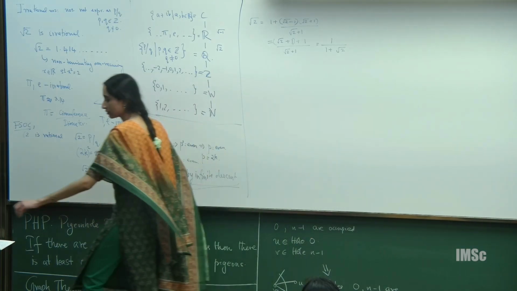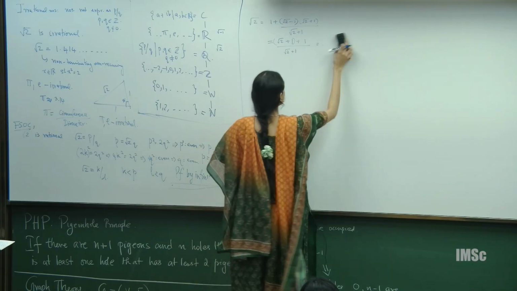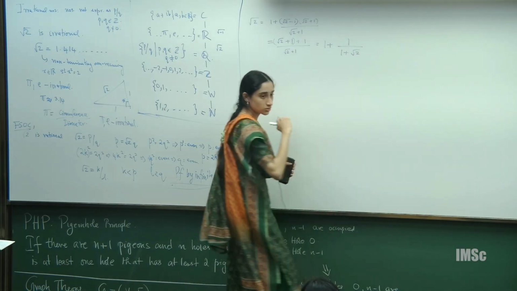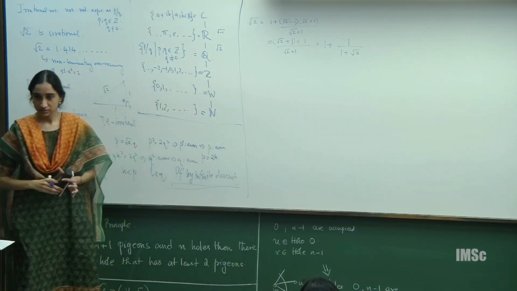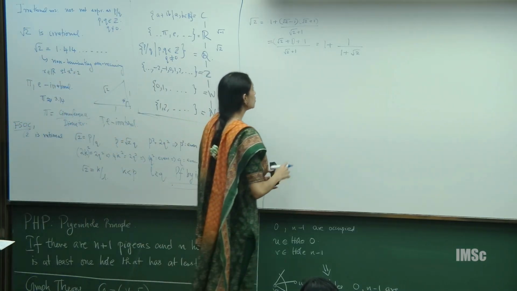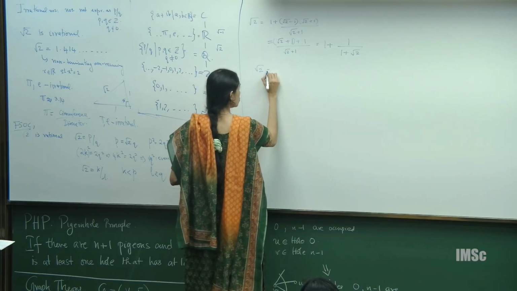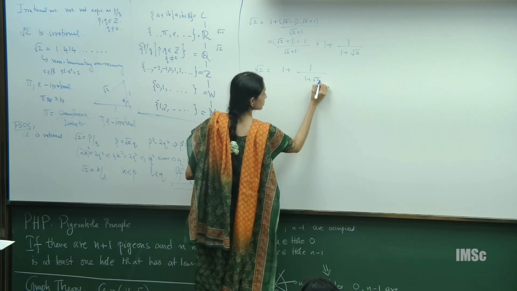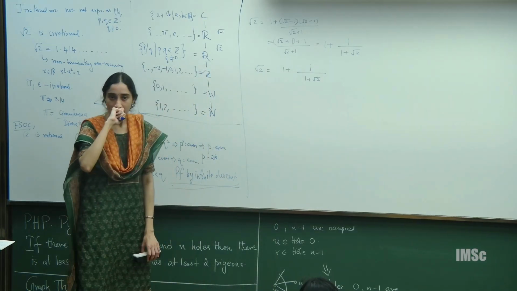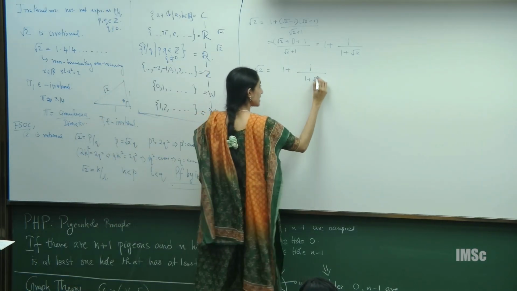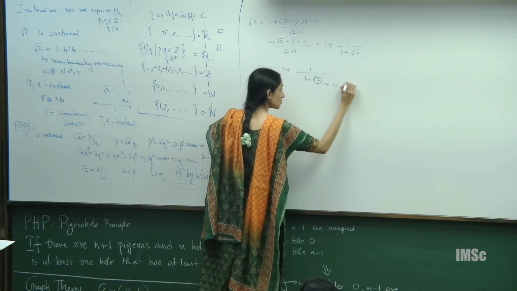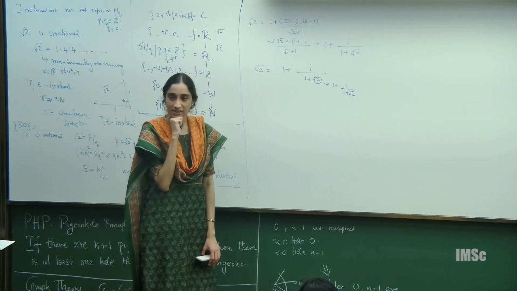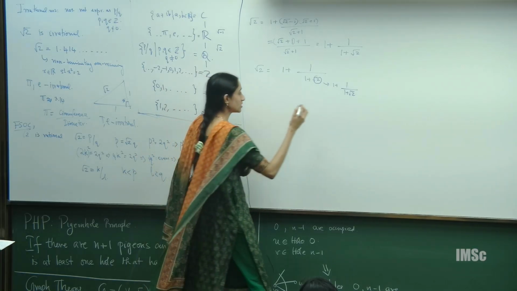It's incorrect: 1 plus 1 by... So now what have you done? You have represented root 2 as 1 plus 1 by 1 plus root 2. Now this root 2 again I can represent as 1 plus 1 by 1 plus root 2. Is that okay? Keep doing this.